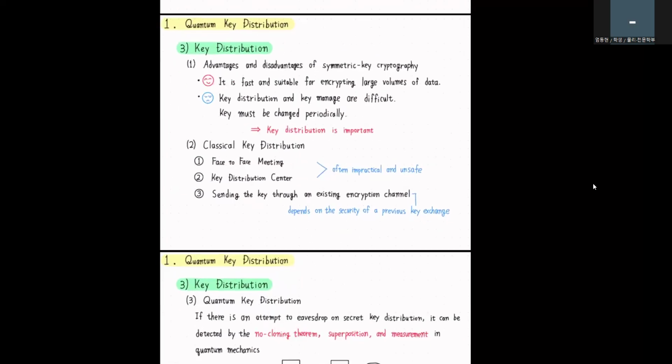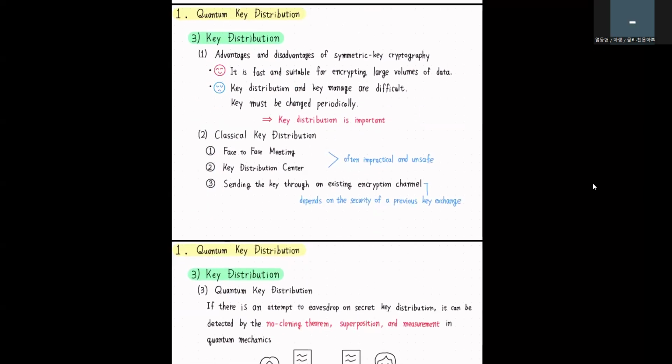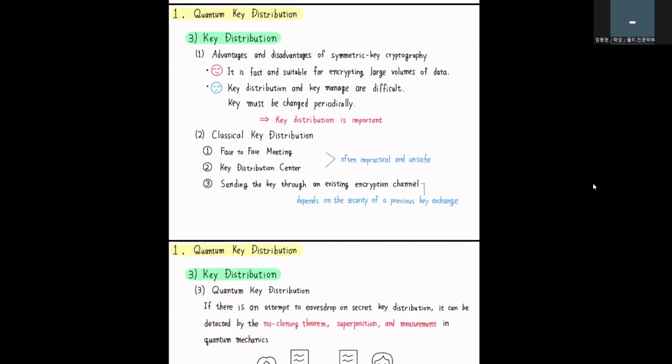So in a classical case, there are several obvious approaches to key distribution. The first is meeting face to face, Alice literally giving the key to Bob. Another could be through a key distribution center, which Alice could use to indirectly transfer a key to Bob.